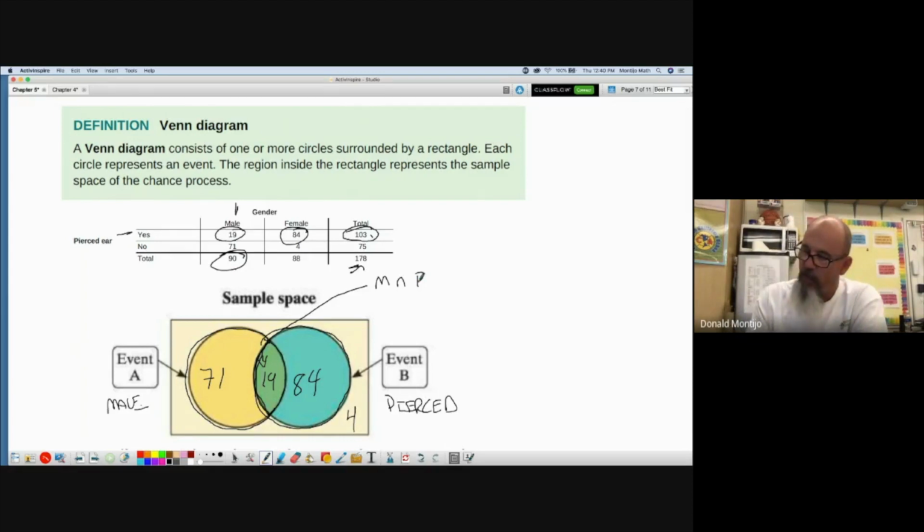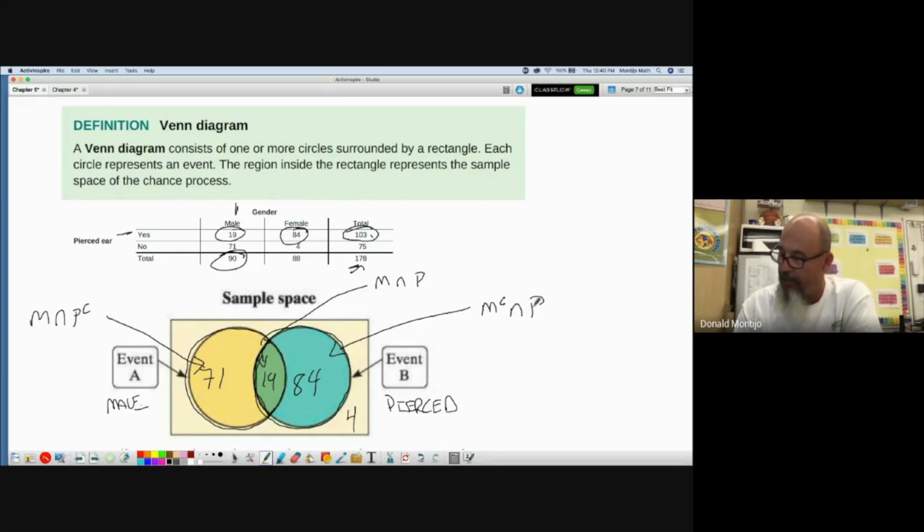The 71 here is male and not pierced. The 84 is not male and pierced. And this 4 out here is not male and not pierced.